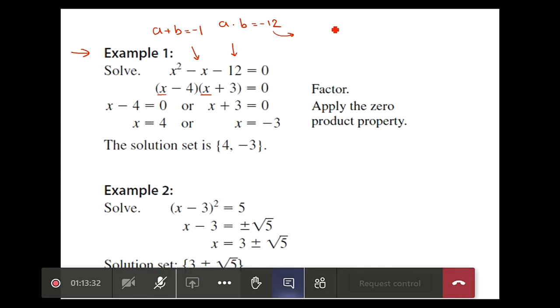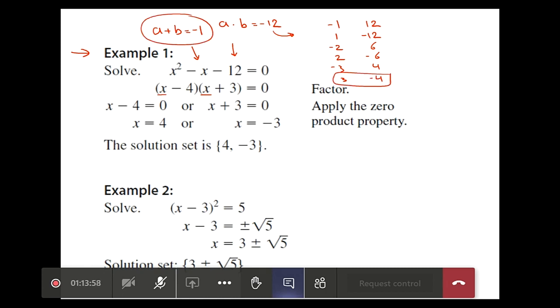So for this one, we have many possibilities. Minus 1 multiply 12, or 1 multiply negative 12, or minus 2 multiply 6, 2 multiply negative 6, minus 3 multiply 4, or 3 multiply negative 4. Which one has the addition equal to negative 1? This one only.